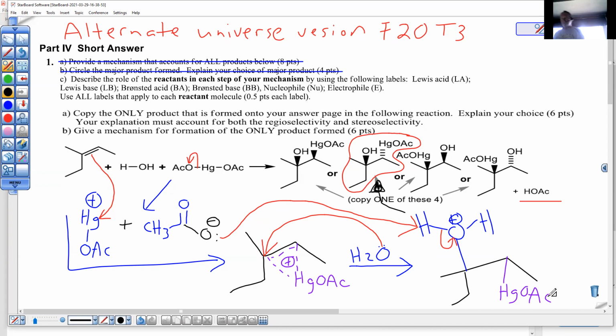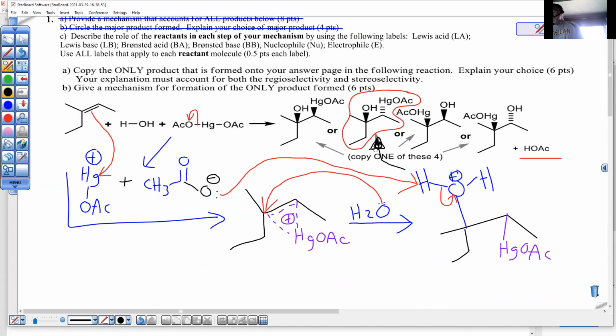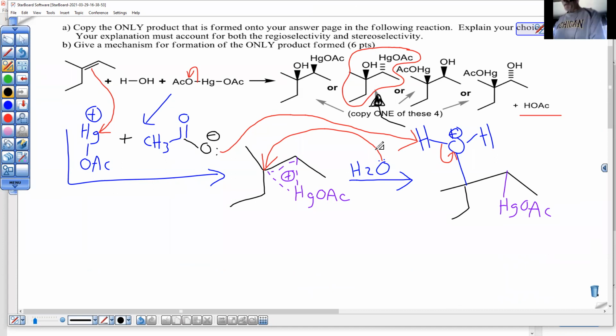Let's do the explaining and then the labeling. So we have only one product there, and we need to explain our choice. Well, the first two products have the right regioselectivity, so let's just talk about regioselectivity here. So when we need to explain our choice, we should talk first about the location, the regioselectivity.